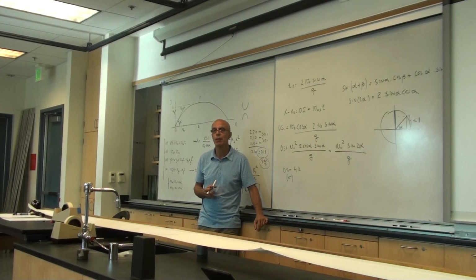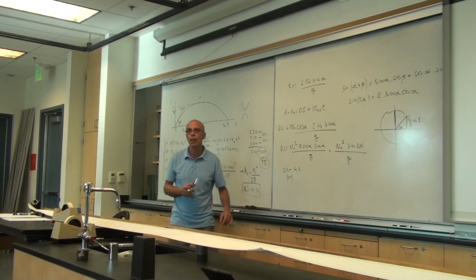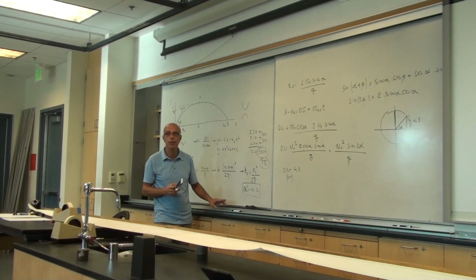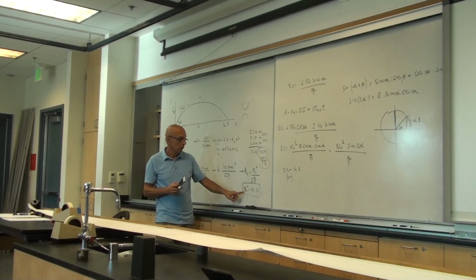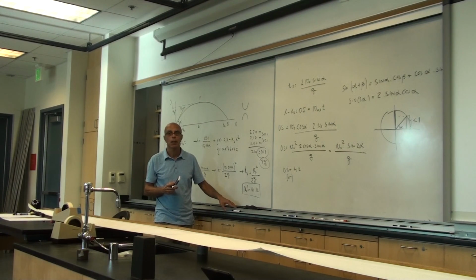Is the initial velocity going to be the same? V0 is the initial velocity. You're using that number to solve this, using the V0 squared. I can calculate V0. Let's calculate V0.